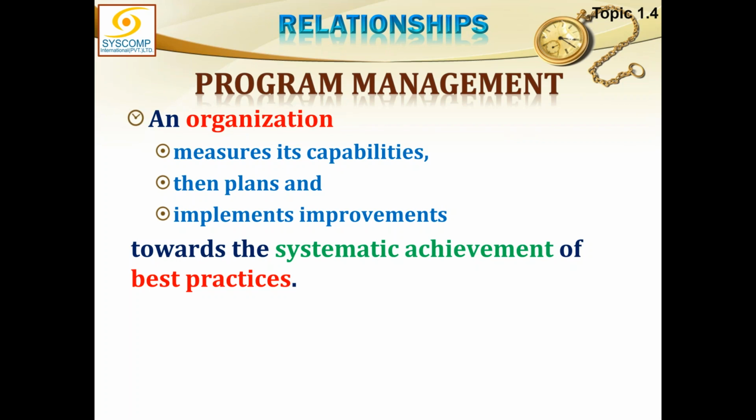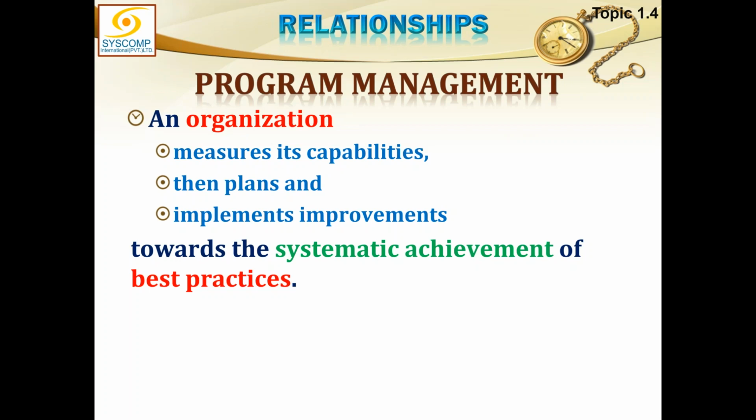And once you have achieved those improvements, naturally through new projects and programs and all that, your organizational maturity will increase. Organizational project management maturity will increase towards the systematic achievement of best practices.